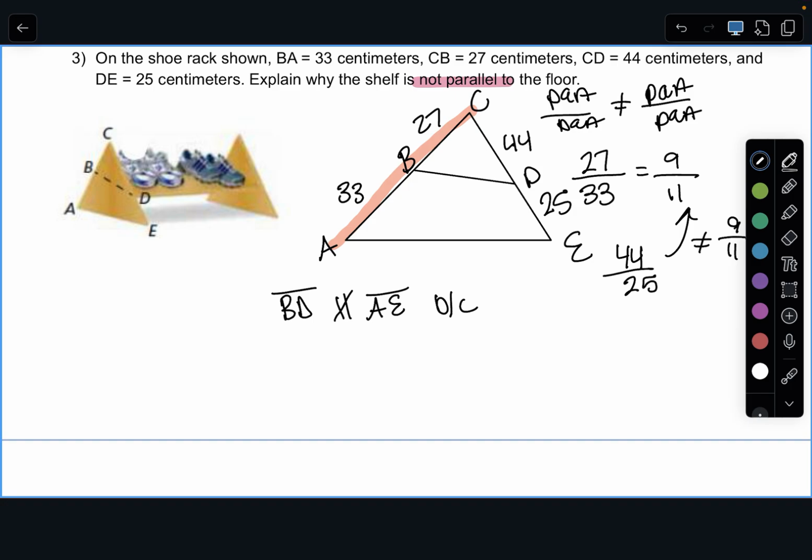Let's be a little more formal and name the parts. 27 came from CB. 33 came from BA. And that was not equal to my 44 from CD and my 25 from DE. So that's our reasoning, is because those fractions were not equal.